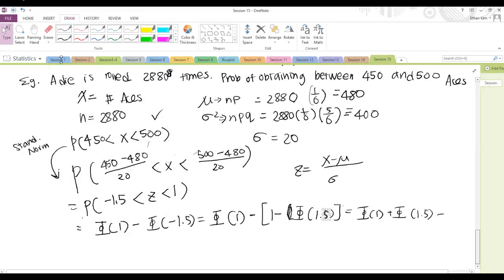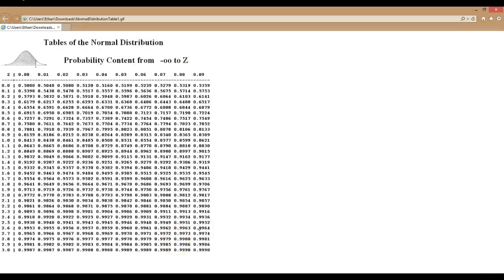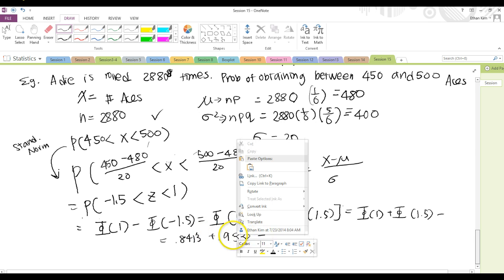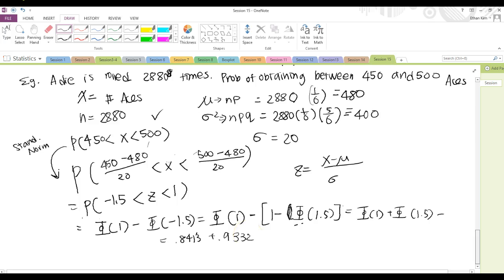Write that down. And phi of 1.5 is 0.9332. And minus 1.